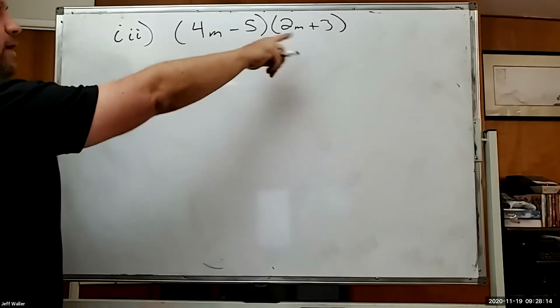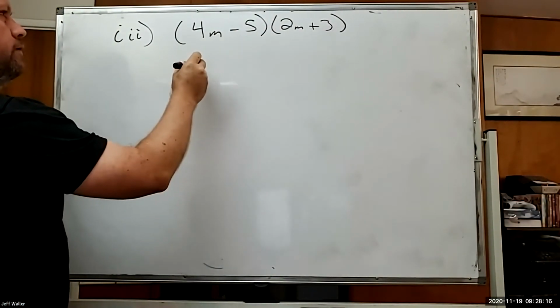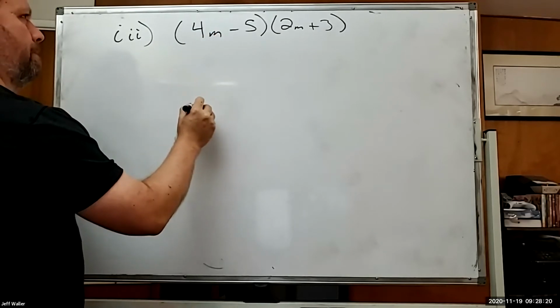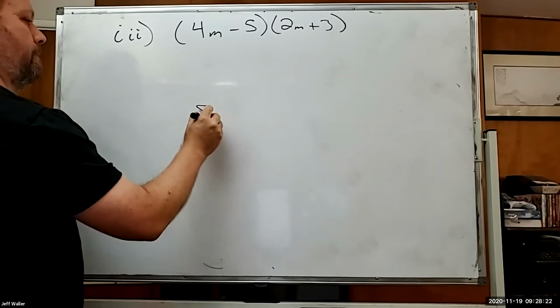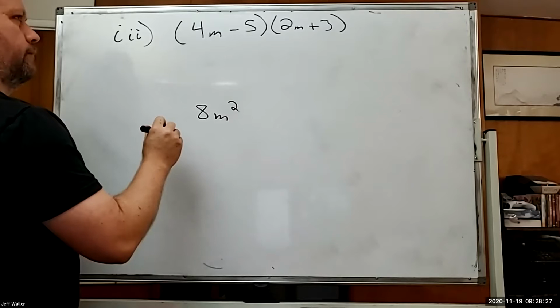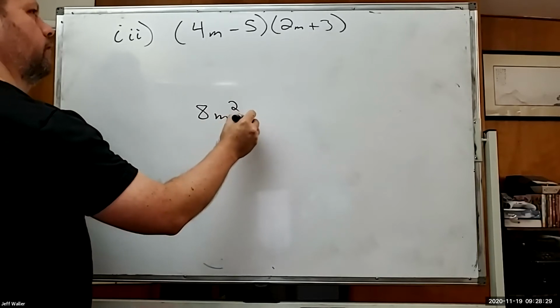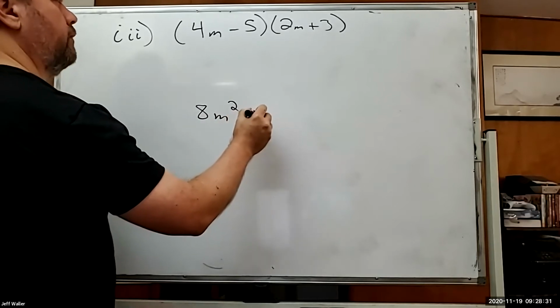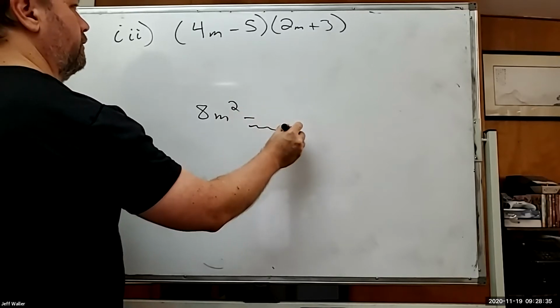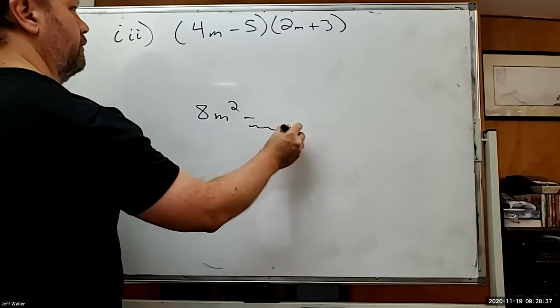What do you guys get? Anybody have the answer? Yes. What do you got? 8m squared minus 12m. Minus 12m. Interesting. Well, let's see. We have to work on that. So let's do this here.